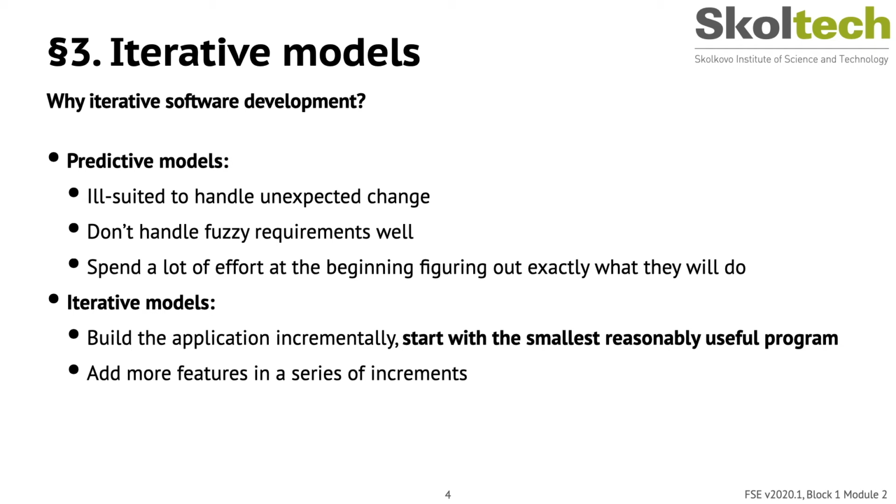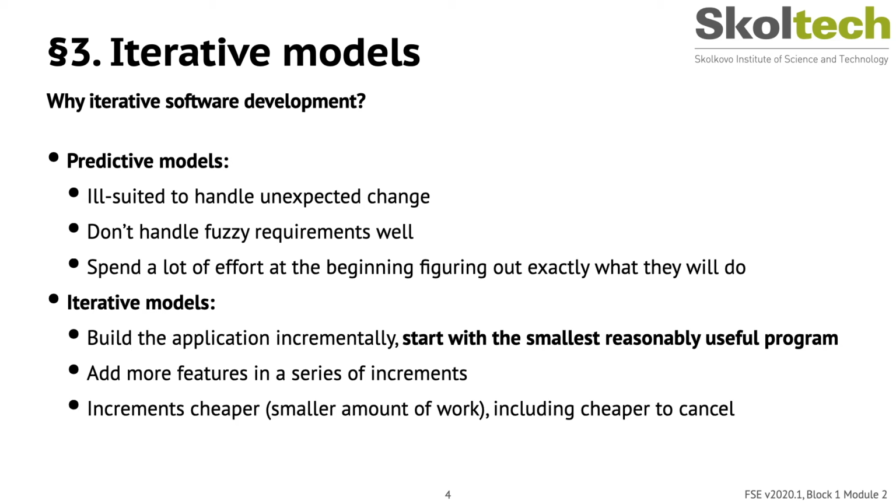Because each increment has a relatively small duration compared to a predictive project, you're committed to a smaller amount of work. So if you decide that the project is heading in the wrong direction, you need to stop only the most recent increment and start with a new one instead of canceling the whole project and starting over.